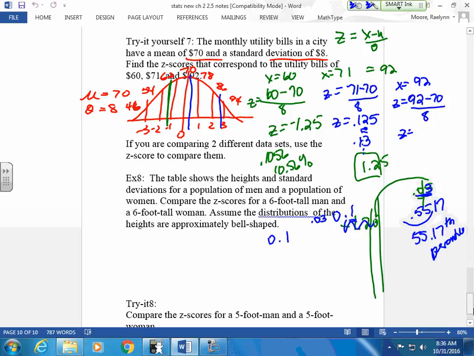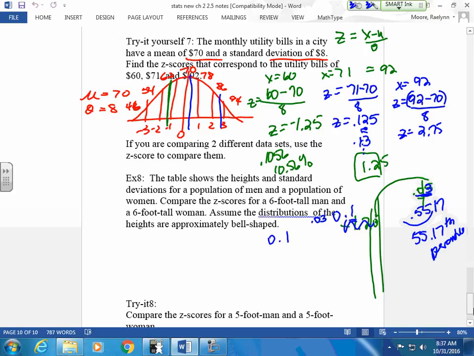And what does that z-score come out to be? Anybody come up with it? 2.75. Make sure you do this in parentheses if you're putting this in your calculator. And isn't that unusual? It's almost 3.